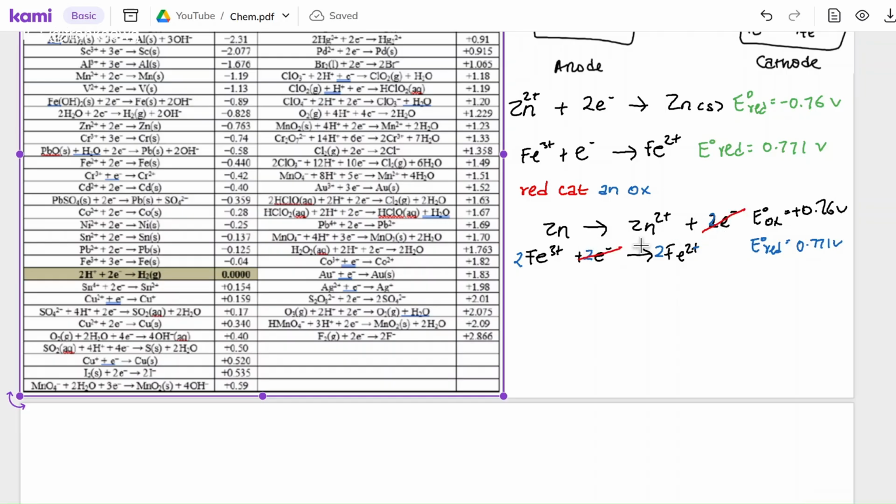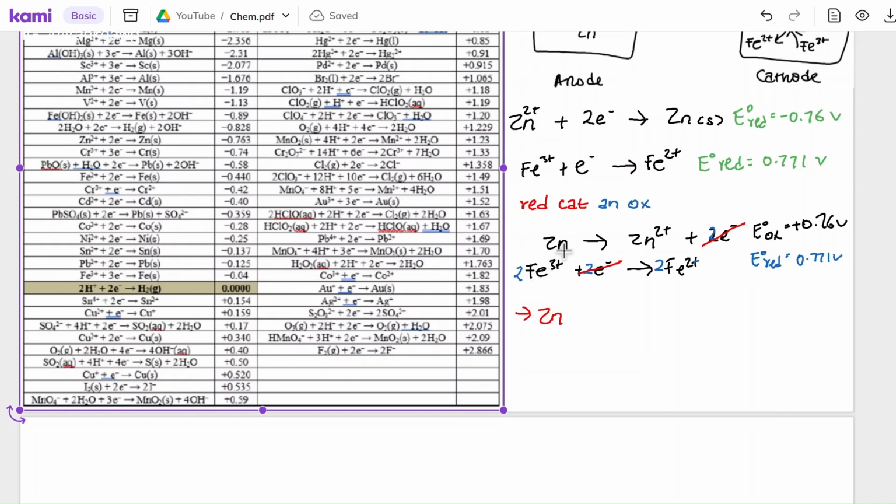Two electrons cancel out since this is the product and this is a reactant. We can cancel it out since it's on either side. And the full reaction becomes zinc. Usually you should add what phase it is, but due to lack of space, I'm not going to do that.